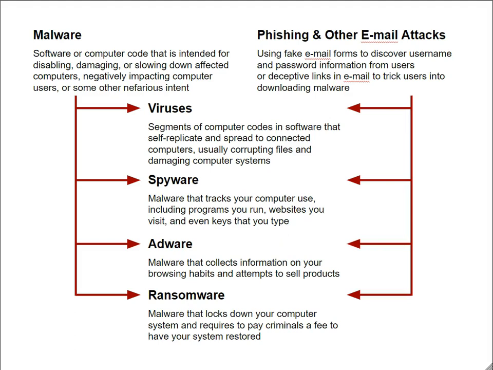Really, phishing is specifically geared toward getting your username and password through an email by sending out a fake form to you. These would be other email attacks. Links in emails that you don't really want to click. They look innocent, but when you click on them, it asks you to download something to your computer that is designed to make your computer run less effectively.